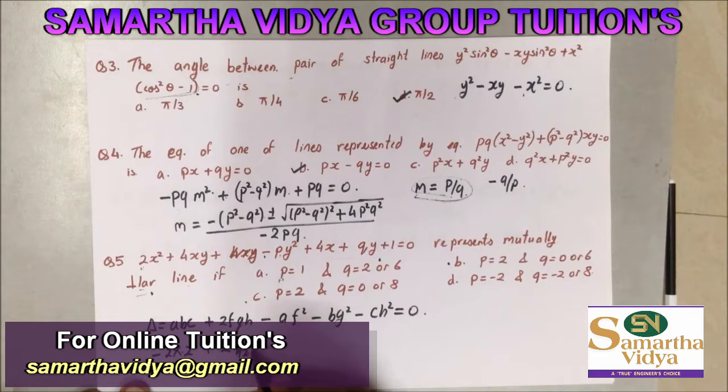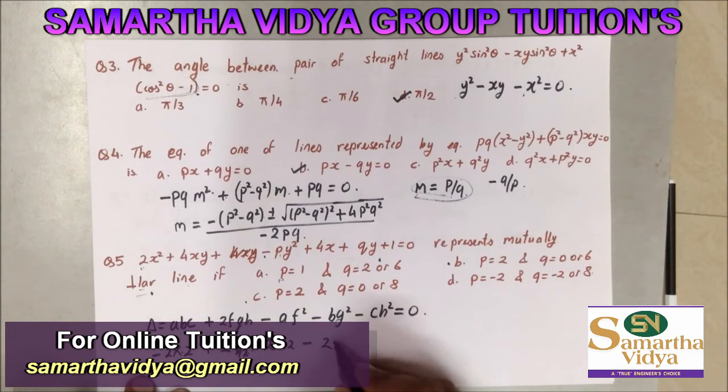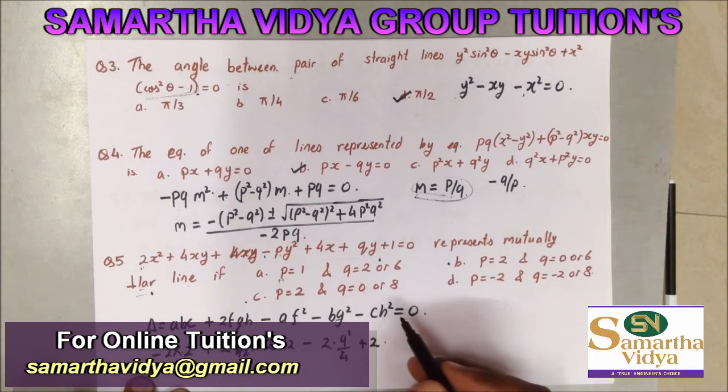The G value is nothing but 2, and the H value is also 2, minus, from here we'll be getting AF square. So A is nothing but 2 into F square, which is nothing but Q square by 4, and minus your B, that is going to be plus 2 into G square.